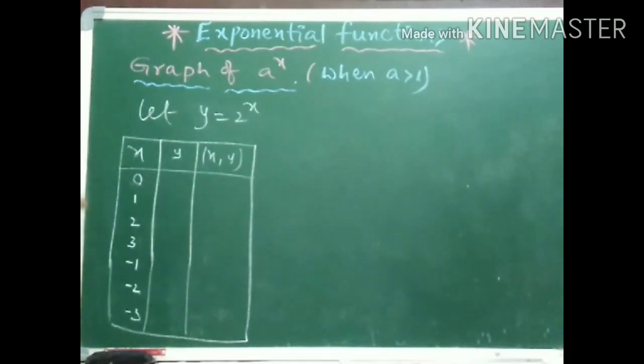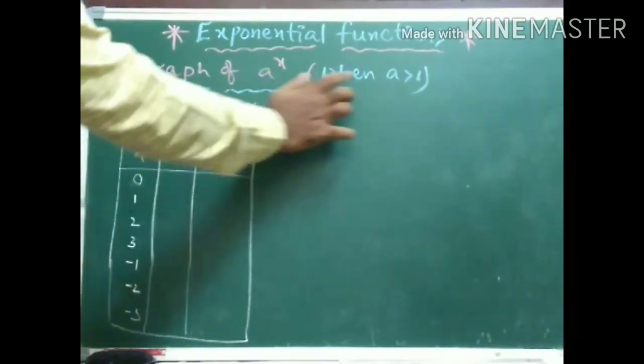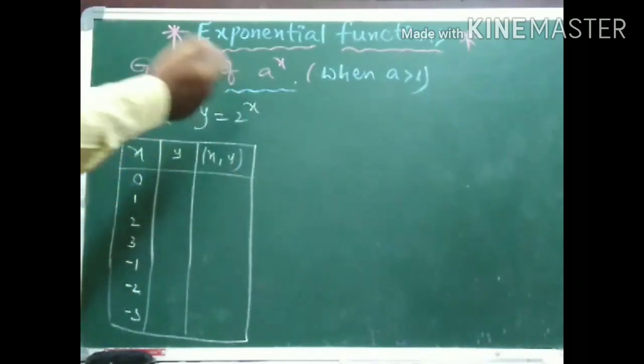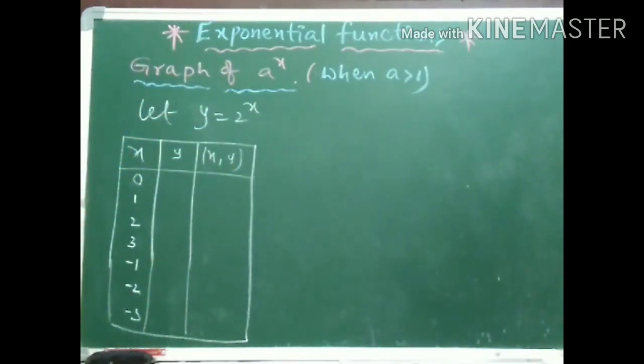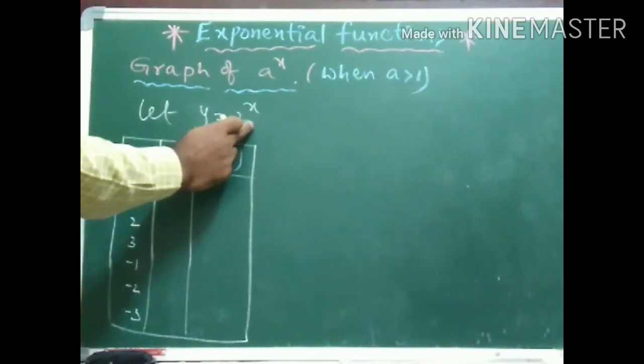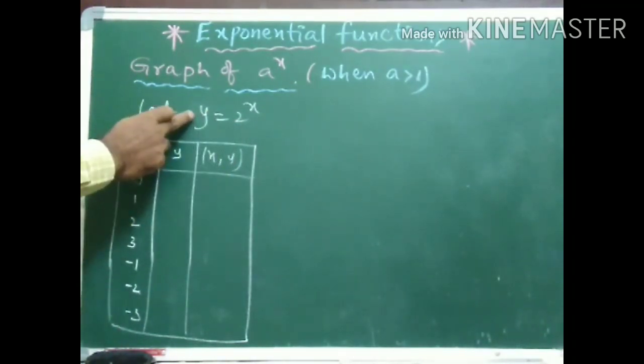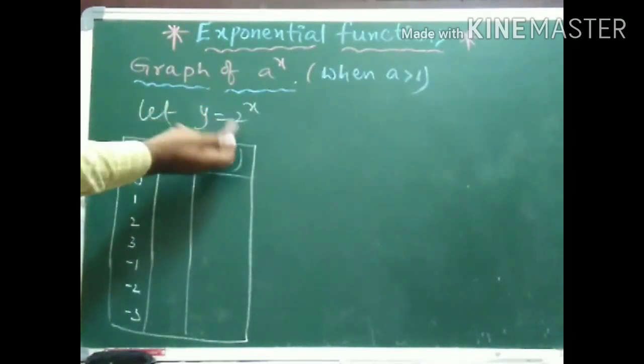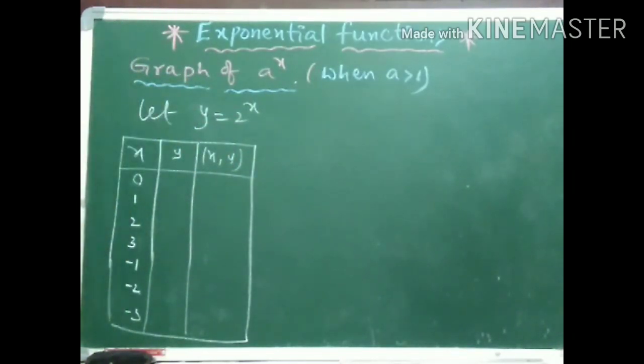Whereas the condition is that the base a should be greater than 1. That's why I considered 2 power x. Now let us assume y is equal to 2 power x, and substitute these x values to find the value of y.